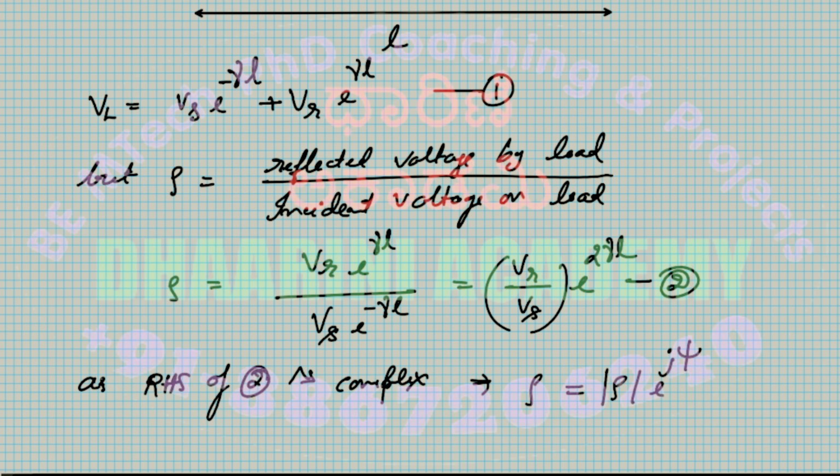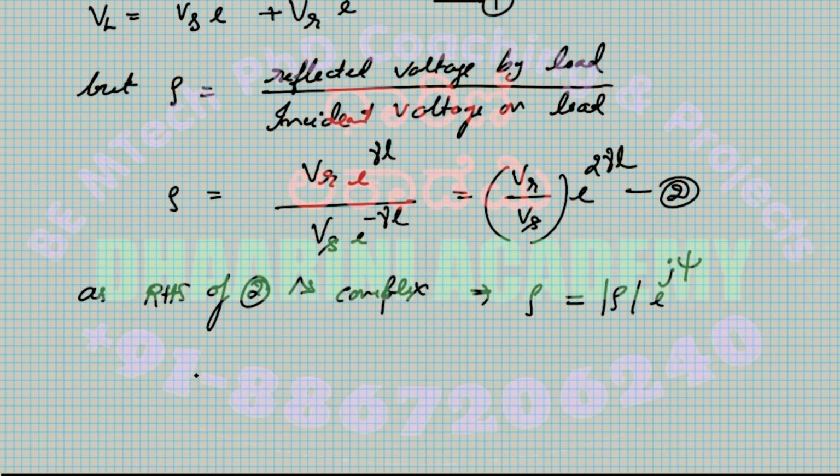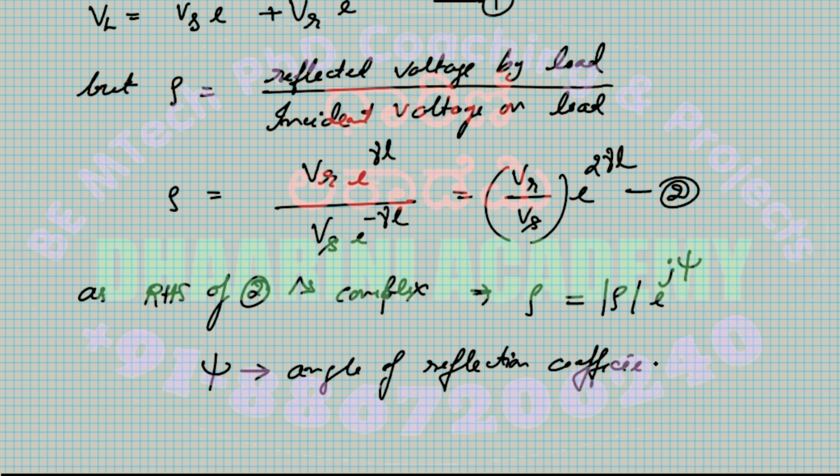Where let me write this psi, I'm expecting this to be the angle of the reflection coefficient. It's obvious that anyway, I see that it is becoming complex. Immediately, I think of writing it in a polar format, right? There is a magnitude and a phase. Okay. Anyway, that's pretty straightforward.